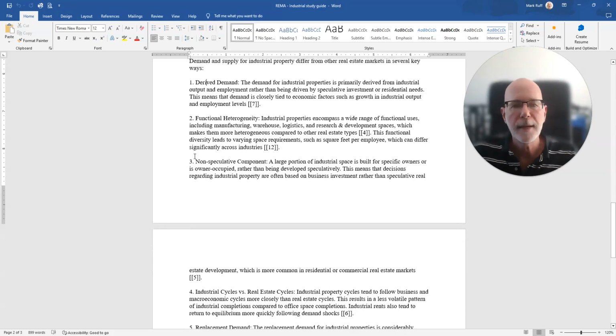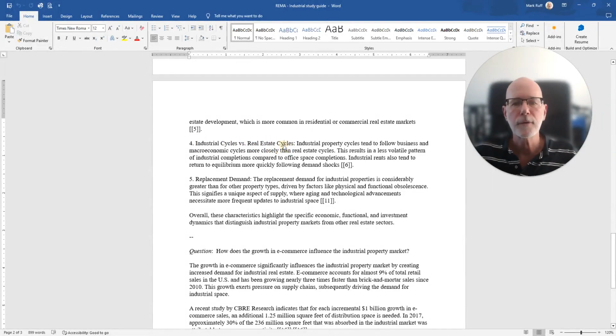Okay? There is a non-speculative component to industrial. Industrial doesn't tend to get built unless there's a demand that's derived from the marketplace. Or if there's significant depreciation, then some of the warehouse space or some of these factories are demolished. They might be rebuilt. They might be modernized in some way. So that's the depreciation component.